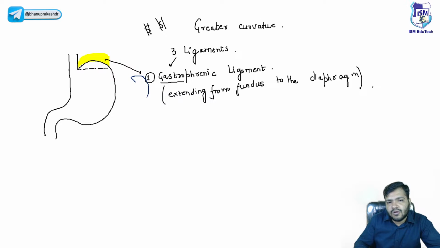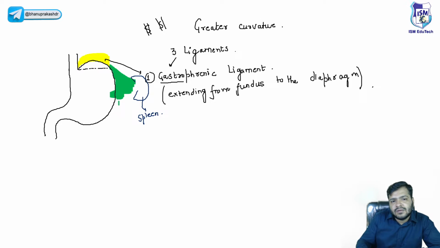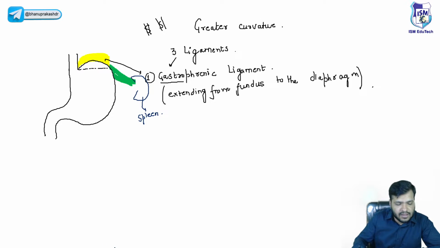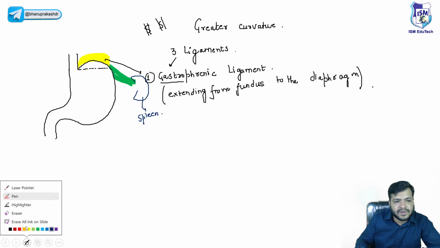This ligament basically extends from the greater curvature to the spleen, and that is the gastrosplenic ligament.